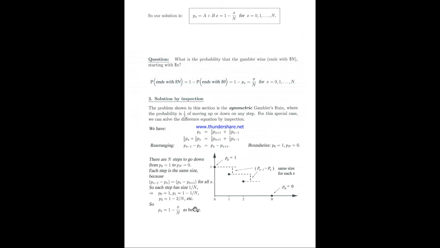If you look at the pattern of these equations, you can see P1 is 1 minus 1 over N, P2 is 1 minus 2 over N. Likewise, if you recognize the pattern, we can write Px as 1 minus x over capital N. So by inspection, you can use a graph like this and find out the probability as 1 minus x over capital N. It's the same as what we found using the differential equations.